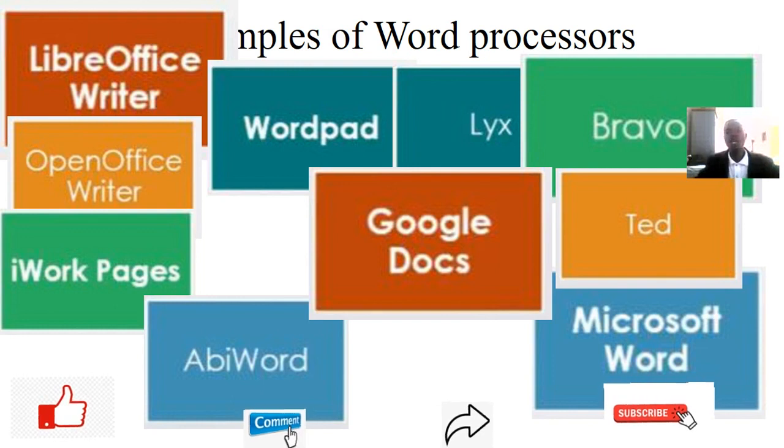So I advise you that if you have your laptop close to you and it has the Microsoft Office package installed, open Microsoft Office Word and follow what we are going to do next.